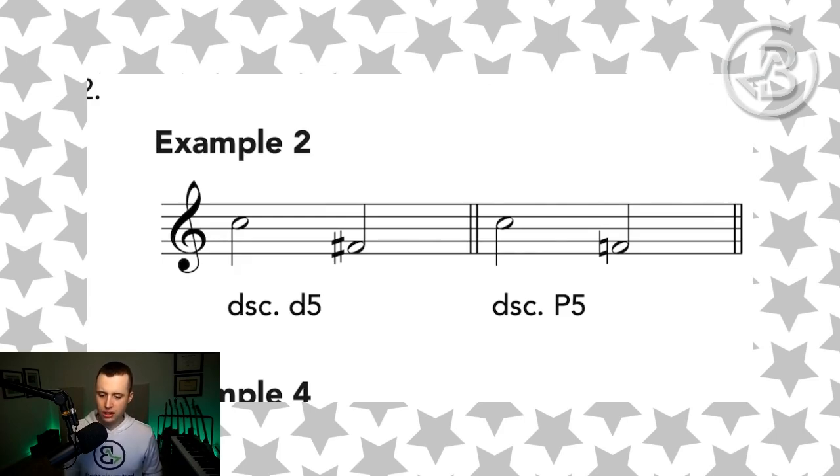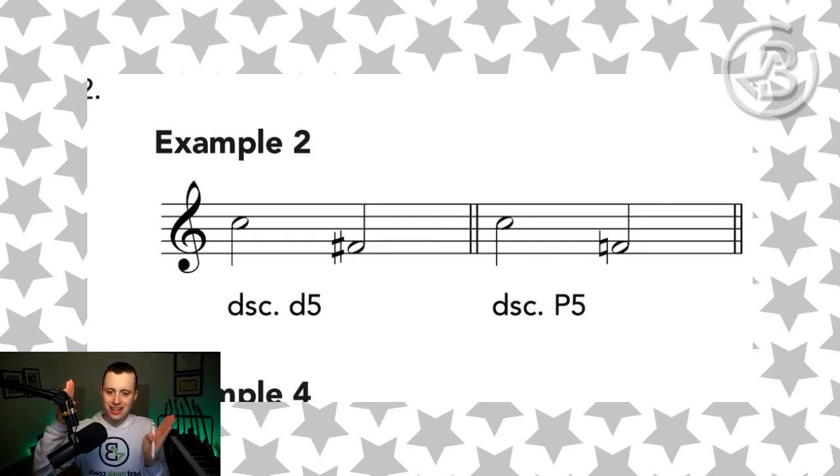Here's one where our first interval starts from a C, so you already start thinking, it starts from a C, that's a major scale that I know. But I'm going to count down, C, B, A, G, F, so it's some kind of fifth, right? Now we can see that the sharp in front of the F makes it a diminished fifth, because we have the fifth, and then we make the bottom note sharp.